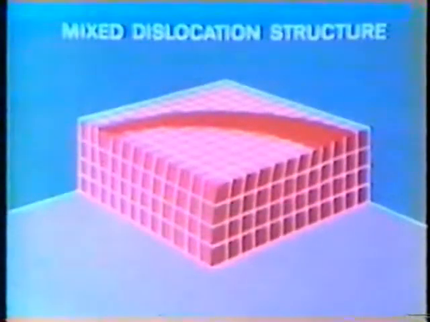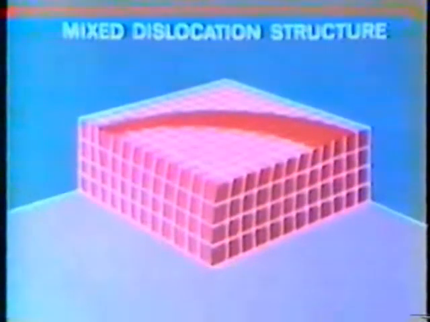At regions on the loop lying between the edge and the screw dislocations, the structure is a combination of the two and is known as a mixed dislocation structure. It should be emphasized that only the atoms in the dislocation are disordered, and that the atomic order remains unchanged everywhere else in the crystal.